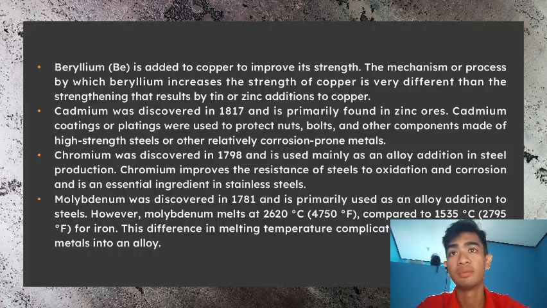Chromium was discovered in 1798 and is used mainly as an alloy addition in steel production. Chromium improves the resistance of steel to oxidation and corrosion and is an essential ingredient of stainless steel.